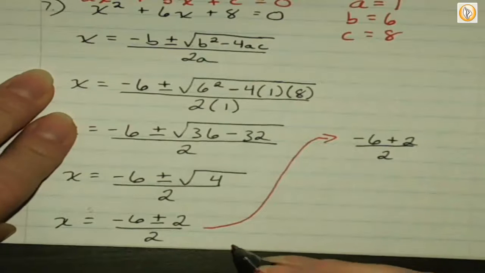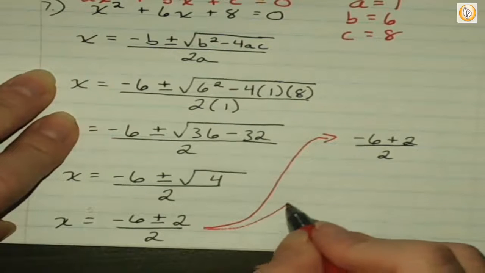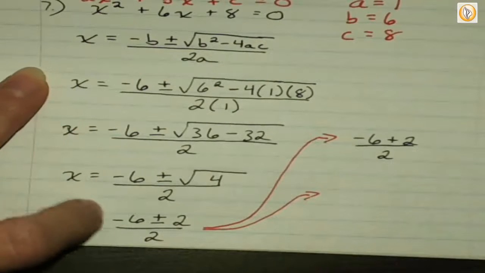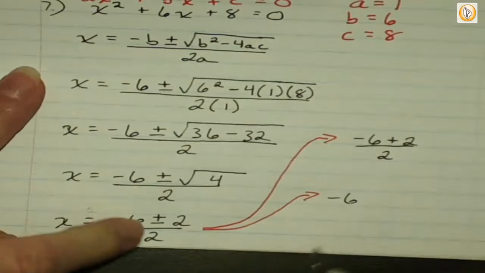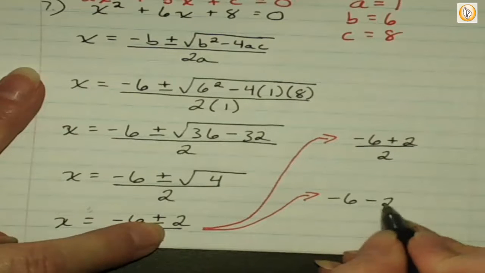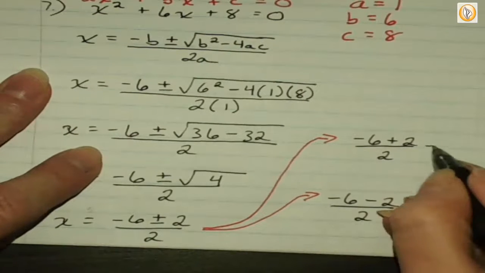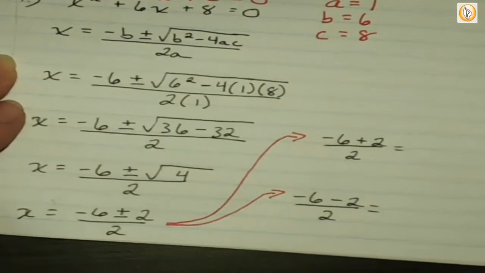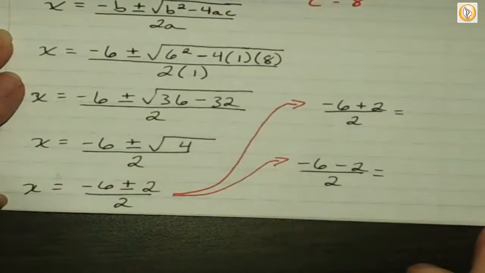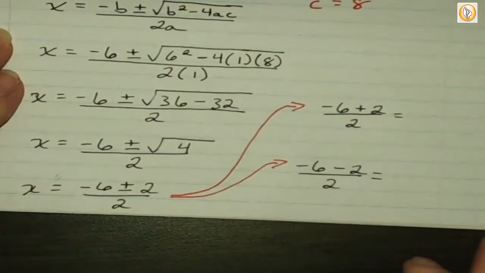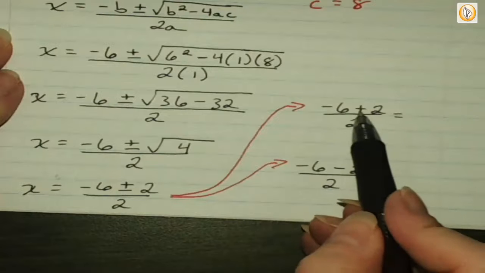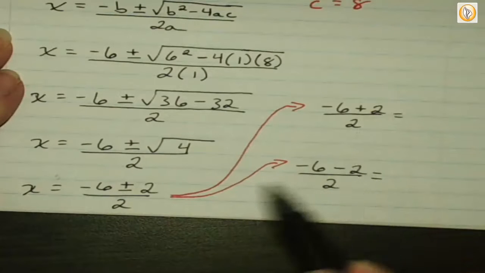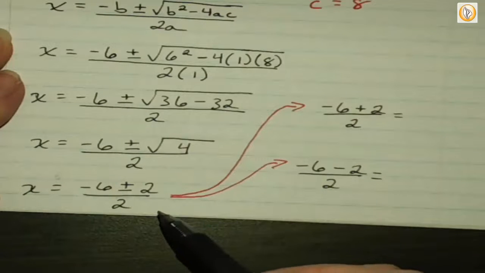And then right here, I'm going to do negative 6 minus 2 divided by 2. Does everyone see where I got that? That's an easy place to mess up. Does everyone understand why it's plus 2 and minus 2? If you don't, please let me know.